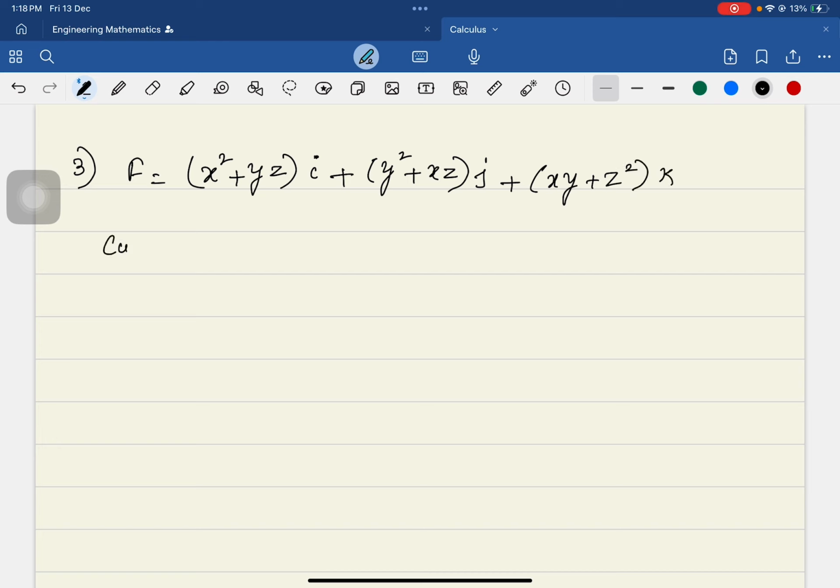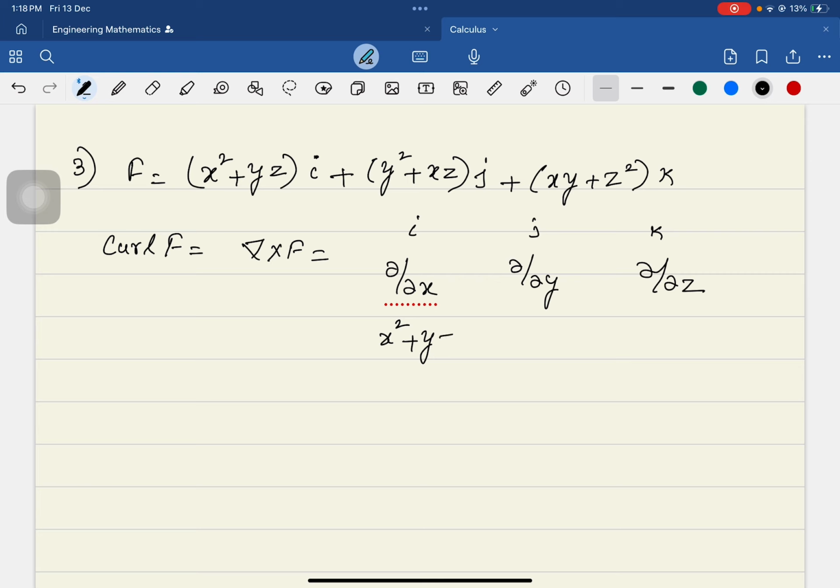So what is curl f now? Curl f is given by del cross f, and that is i, j, k, dou by dou x, dou by dou y, and dou by dou z. Now this is x square plus yz, y square plus xz, xy plus z square.